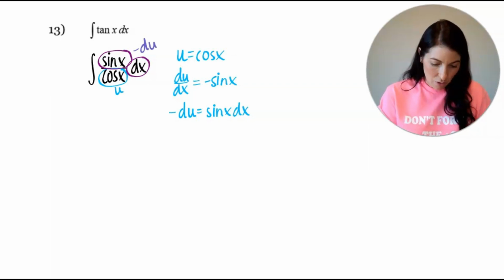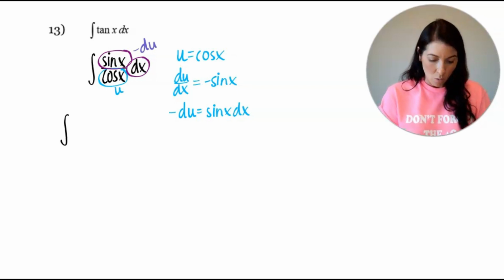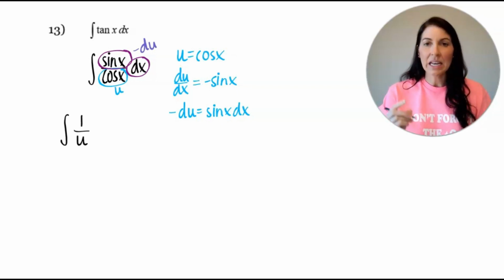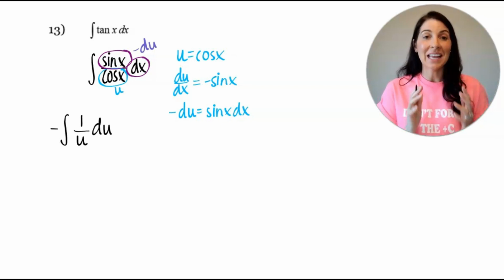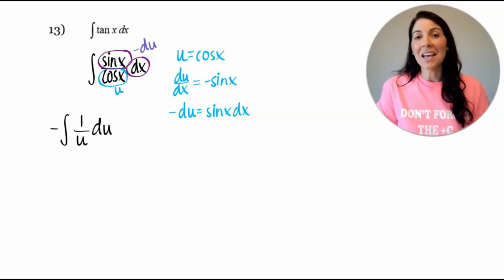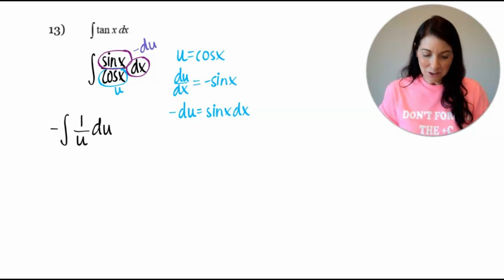So now my new integral in terms of only u is going to be 1 over u, and then I have a negative du, but I'm going to bring the negative out in front and the du here. And you can see I have produced an integral that would give me an antiderivative of natural log of the absolute value of u. So let's go ahead and write it.